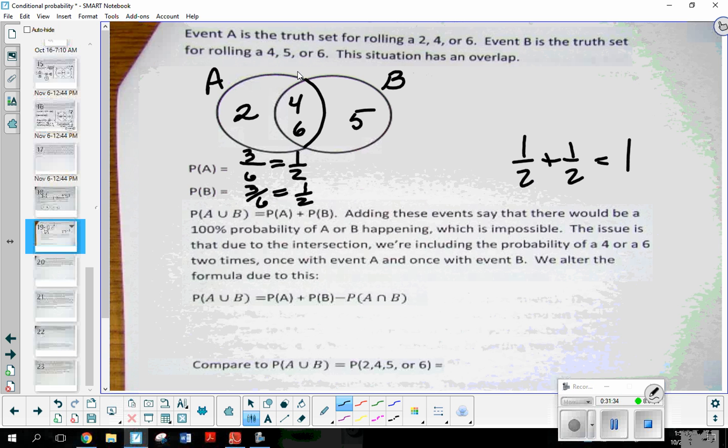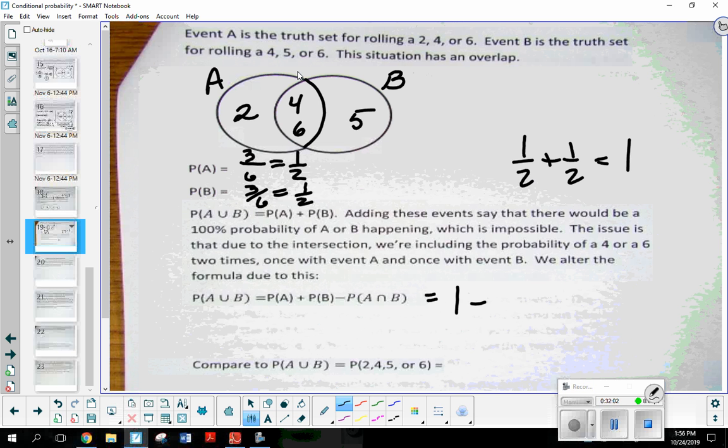The issue is that due to the intersection, we're including the probability of a 4 or a 6 2 times, once with event A and once with event B. So we have to alter the formula to this if we realize they're not mutually exclusive. If I take the probability of each individually and add them together, we got 1, but then I subtract the intersection.